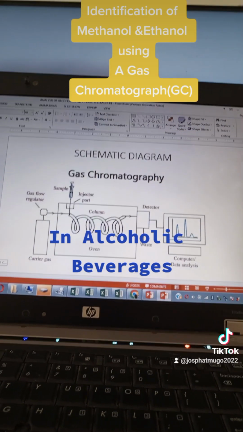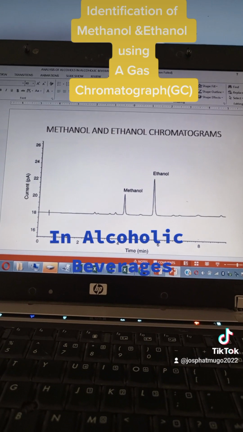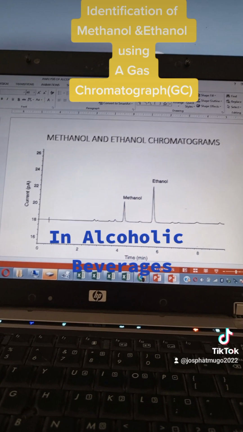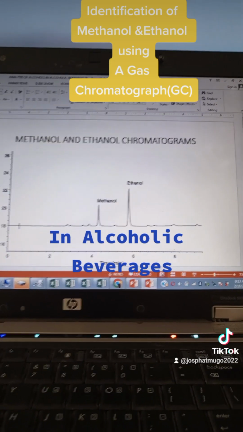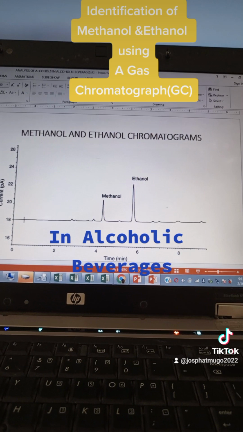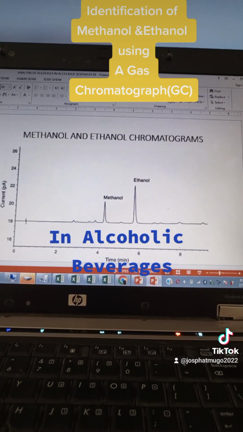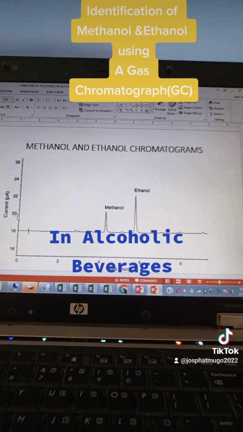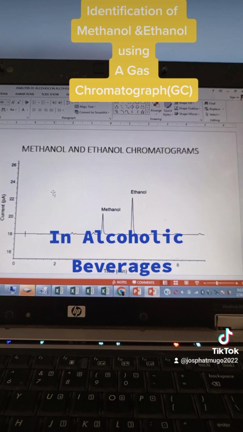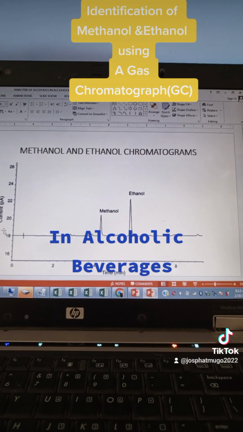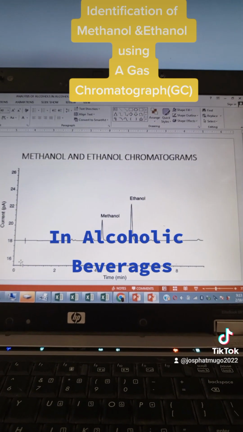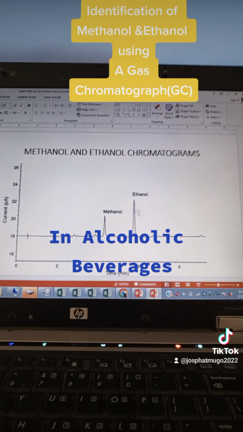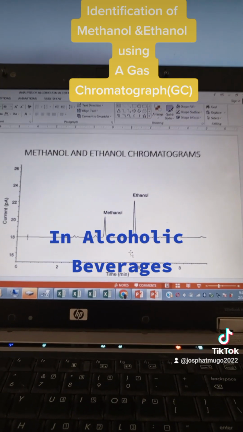So when you're analyzing an alcoholic beverage which you suspect contains methanol or ethanol or both, and you want to quantify how much is present, your GC, or gas chromatograph, is going to give you a chromatogram which looks like this. This one is the concentration, and this one is the time taken for methanol and ethanol to elute out of the column. You get it?